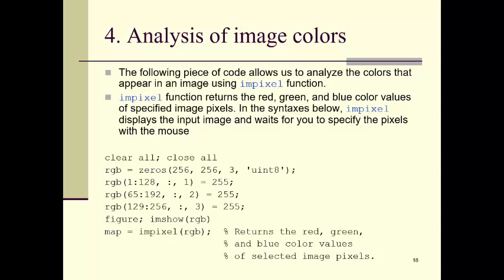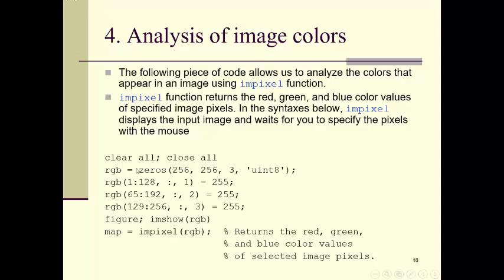So this can allow me, for example, to create my own color map. If I have an image and I want to create my color map manually, I will click over different pixels having different colors, and I will see the different components of these colors. Let's consider it.